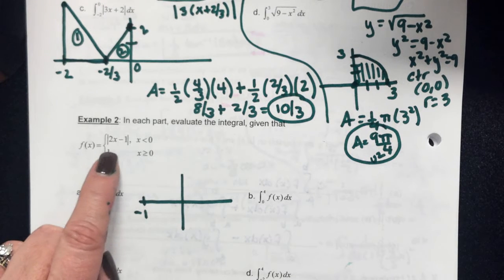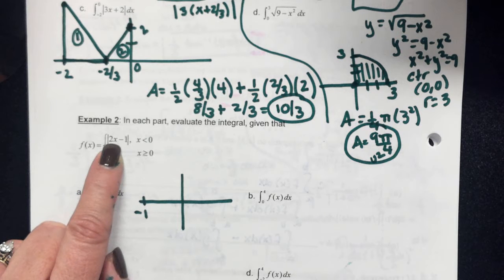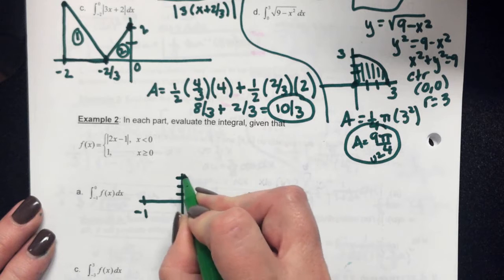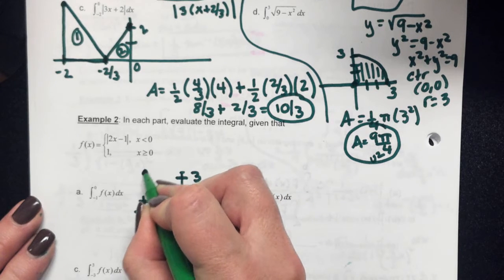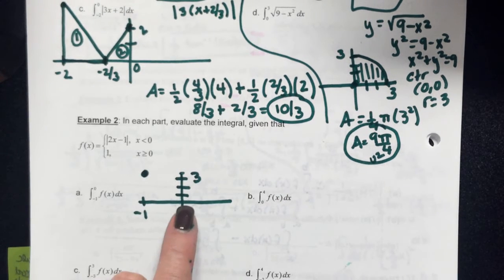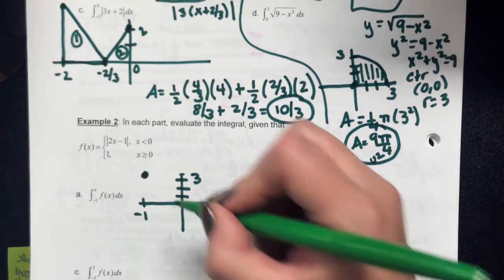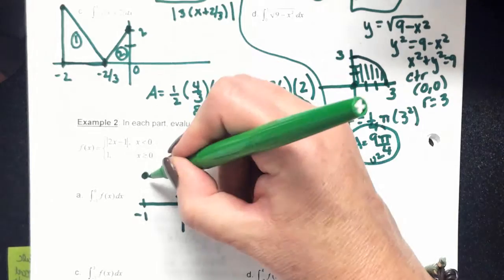So when I plug -1 in for x, -2 minus 1 is going to give me a 3. But now when I plug in a 0, 0 minus 1 is -1, but the absolute value is going to be 1.